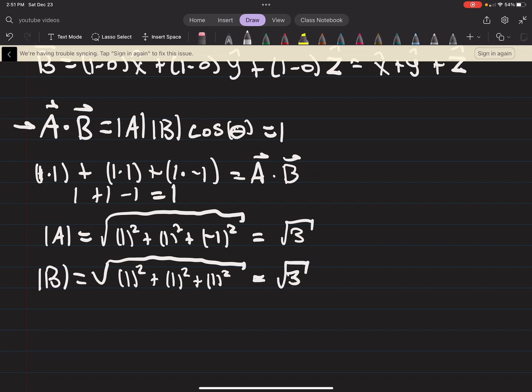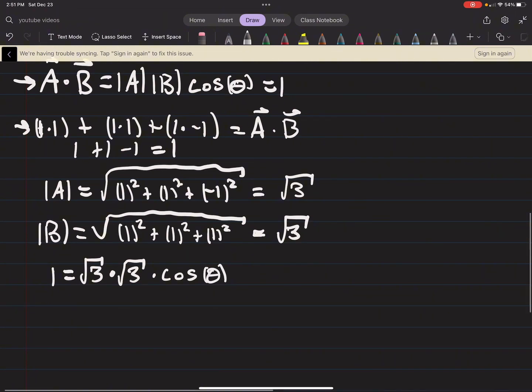So now if we go back to our main equation, the dot product equation, we have A dot B, which we concluded to be 1, is equal to the magnitude of vector A, which is root 3, times the magnitude of vector B, which is also root 3, times cosine of theta. Root 3 times root 3 is 3.